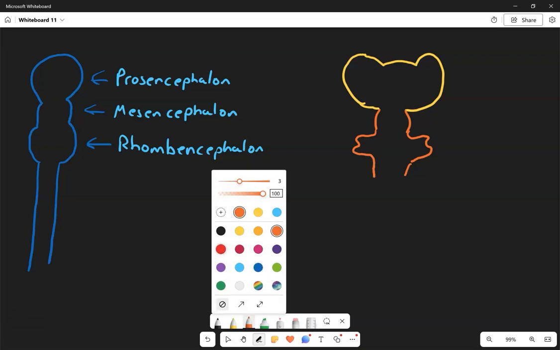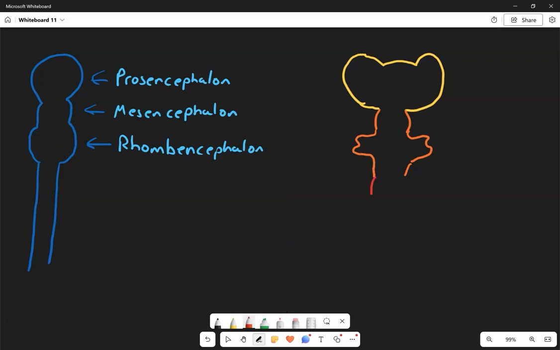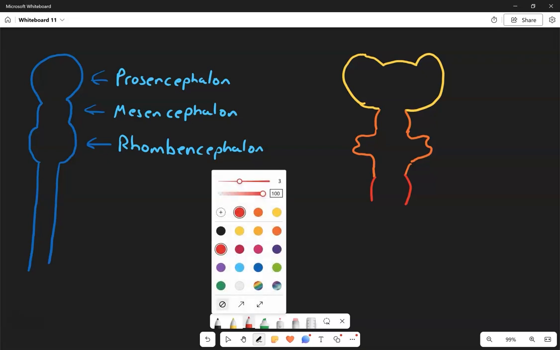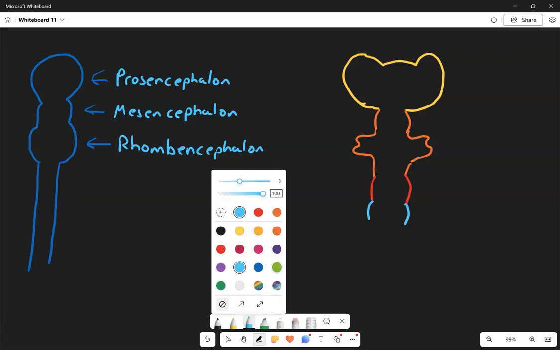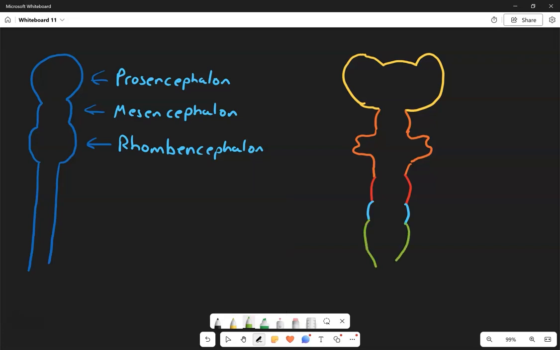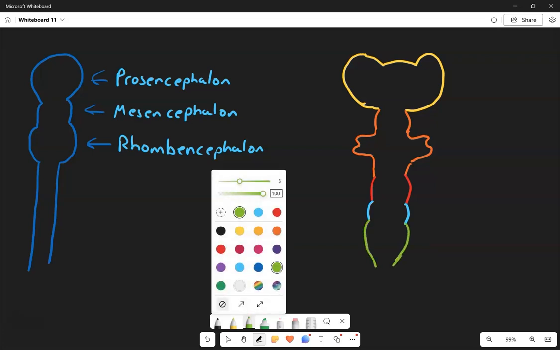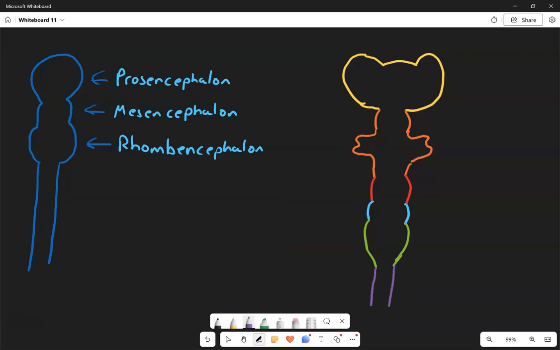Then let's go with a red. So we have this here. And then we'll go with a blue, which is going to be another pocket here. And then we'll go with a green, which is another sort of pocket down here. And then we'll go with purple to be the spinal cord. Okay, so this purple down here, this is our spinal cord.